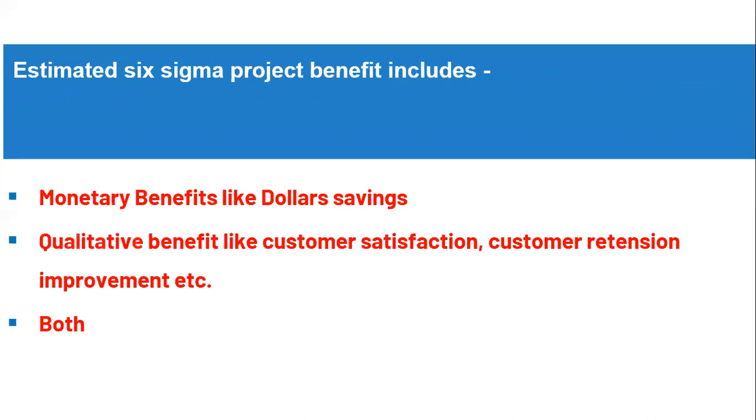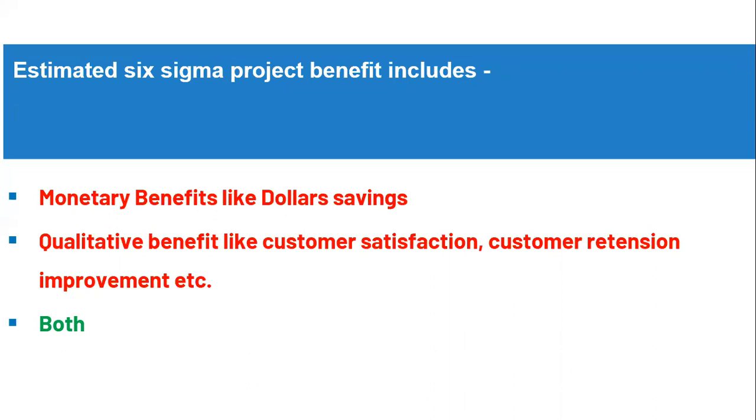Estimated Six Sigma project benefit includes: A, monetary benefits like dollar savings; B, qualitative benefits like customer satisfaction, customer retention, improvement; C, both. And the answer is: estimated Six Sigma project benefit includes both monetary benefits as well as qualitative benefits like customer satisfaction and customer retention.